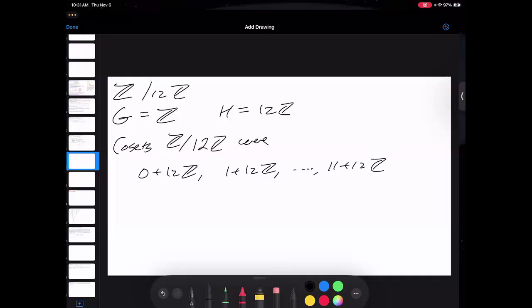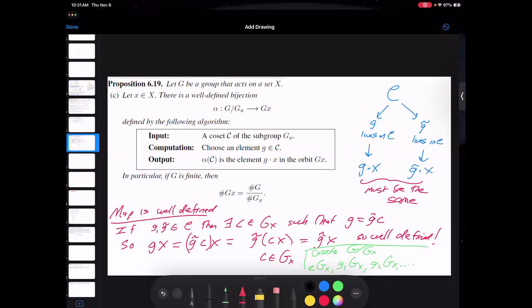Those were our cosets. Here we're writing things additively. In what we were doing over here, we're writing things multiplicatively. So instead of writing 0 plus our subgroup, we're now writing e times the subgroup. Instead of writing 1 plus the subgroup, we're now writing g1 times the subgroup.